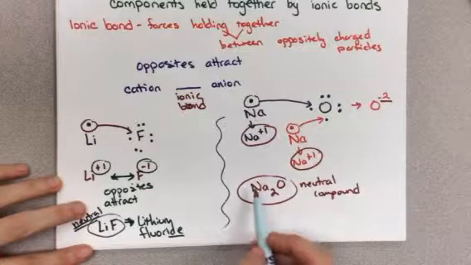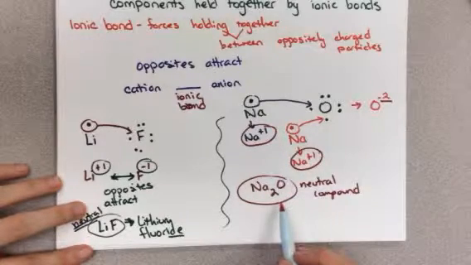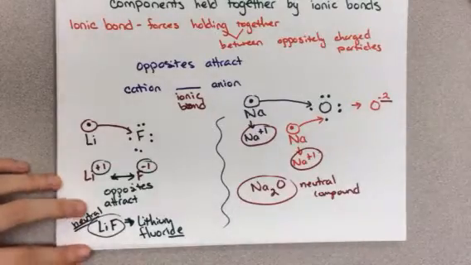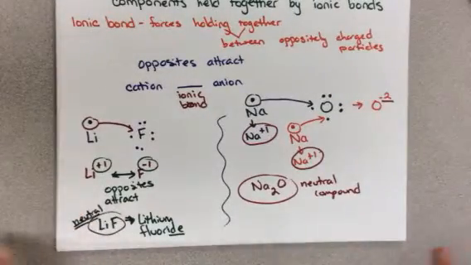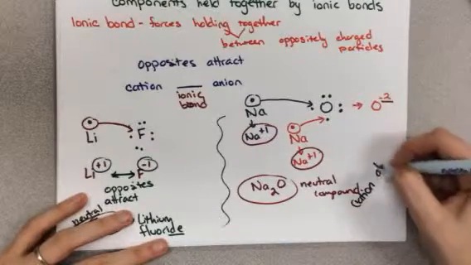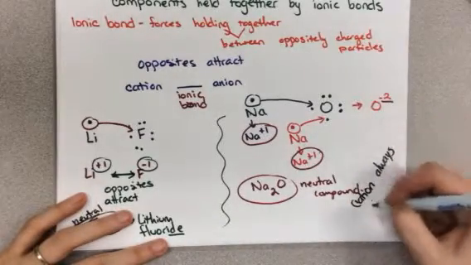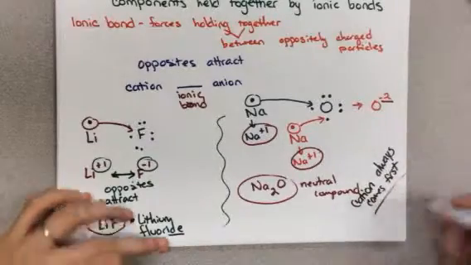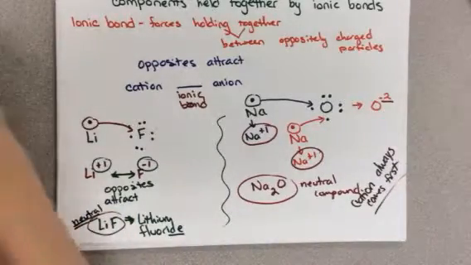And notice that when you are writing out the chemical formula and writing out the name, the cation always comes first. And let's make a note of that. The cation always comes first.